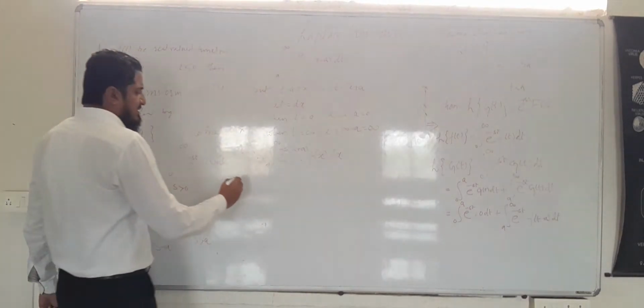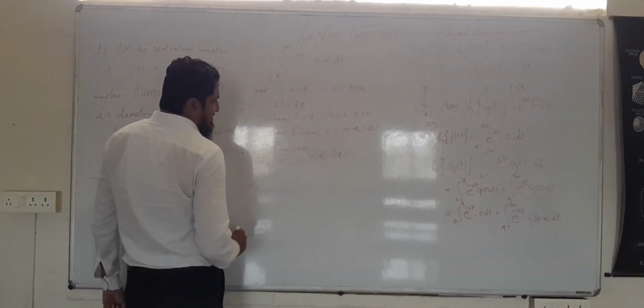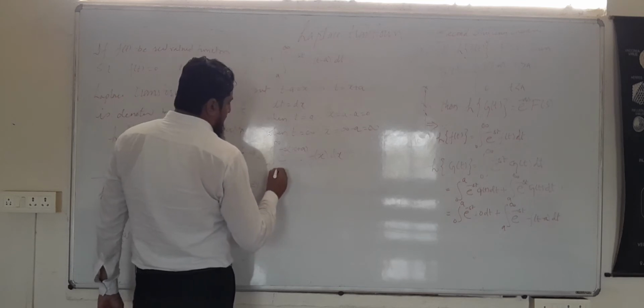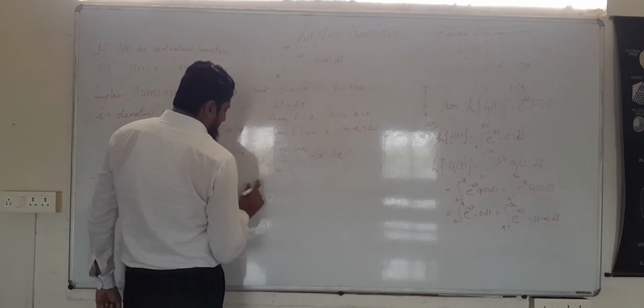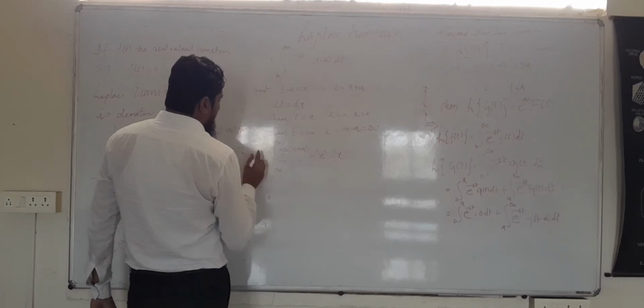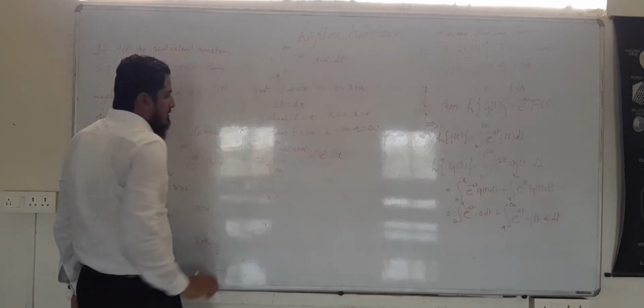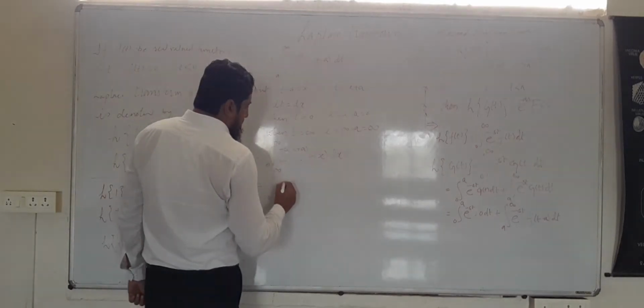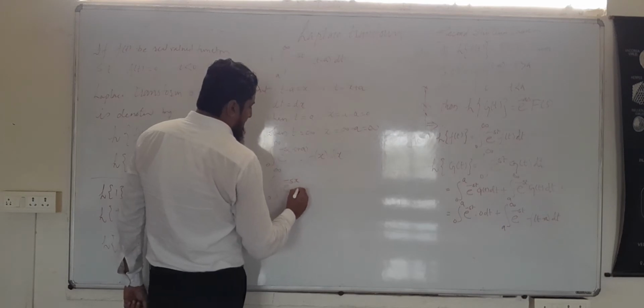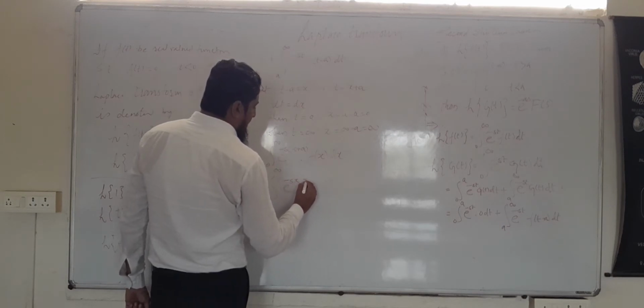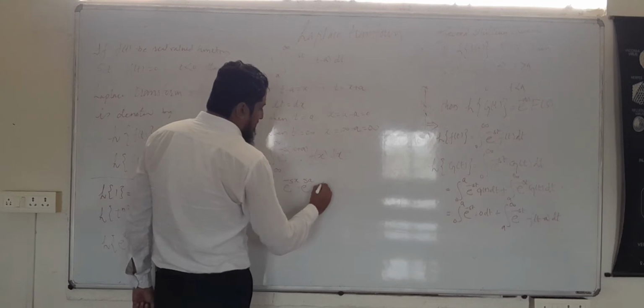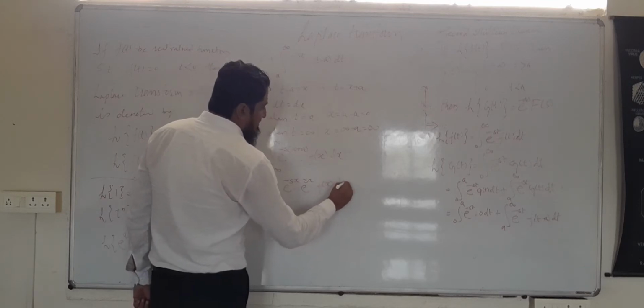So we can simplify this as integration from 0 to infinity of e raised to minus sx into e raised to minus sa, f of x dx.